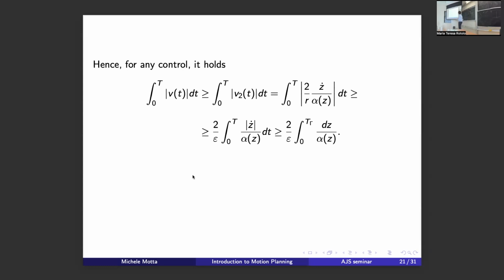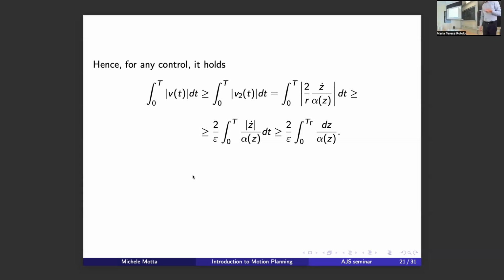And so you can drop the absolute value, and then you end up with this integral, which does not depend anymore on the control. It's just a one-dimensional integral. So you have that for any control, you have this lower bound on the motion complexity.